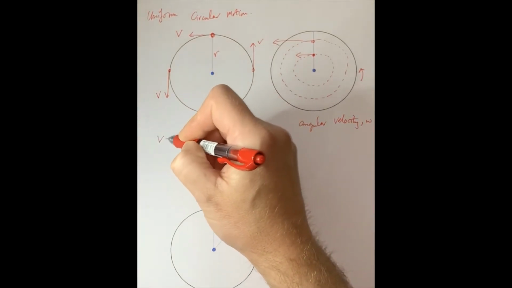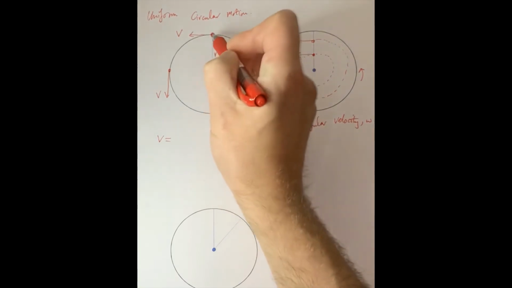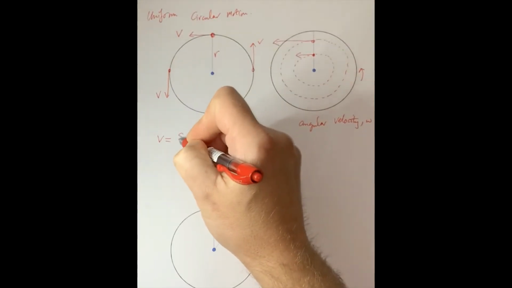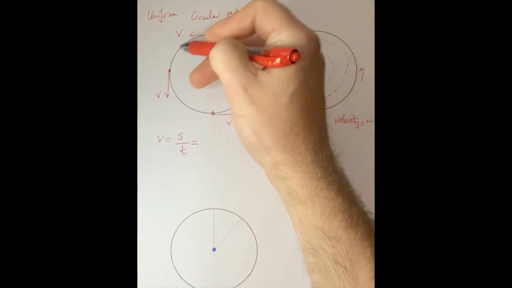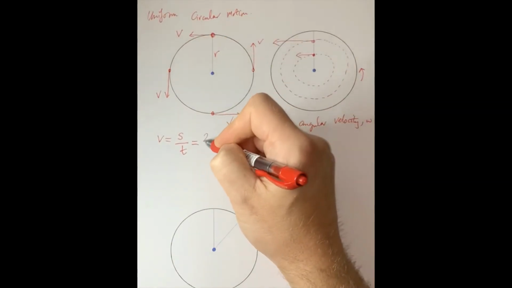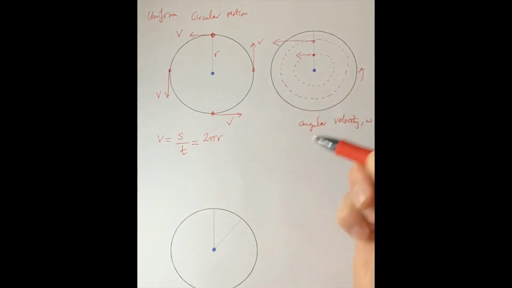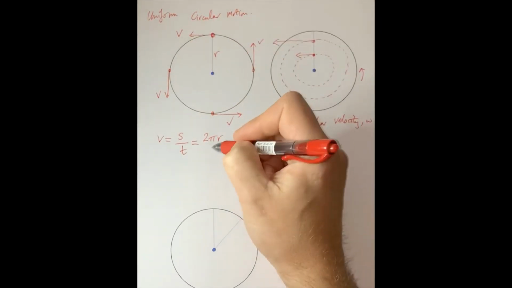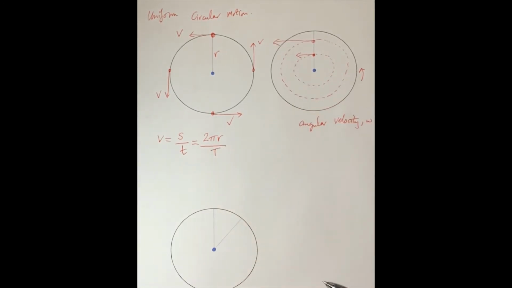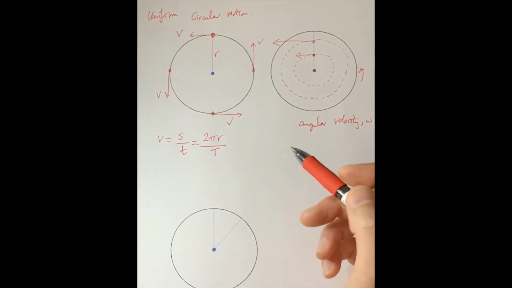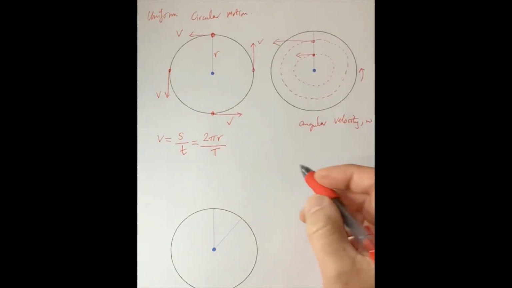So let's think about linear velocity. That would mean how far around it's gone in a given time. And as a special case, we could say to complete one revolution, it will cover the circumference of our circle, 2 pi r, and that would be in a time which we'll denote as the time period, the time taken for one revolution.